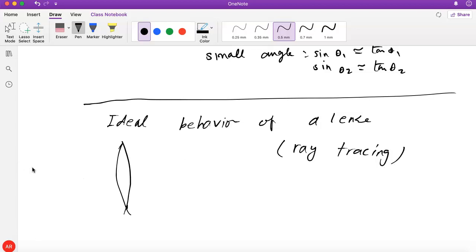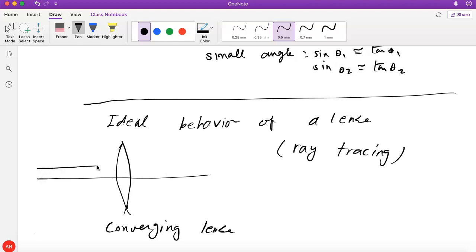Okay, so let's say this is a converging lens. And in the ideal case, what it does is that all these horizontal rays, regardless of their distance from this central line, in this ideal approximation, they all converge on one point.